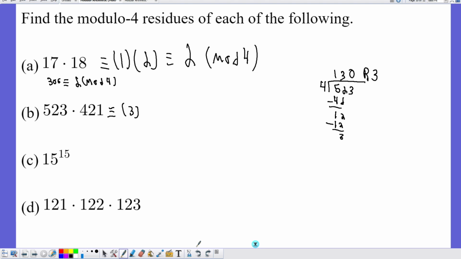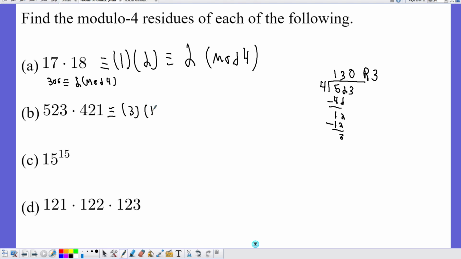Oh, wait, what did I say? No, it's 105 times 4 is 420. So therefore, to get to 421, we would have to add 1 as our remainder.